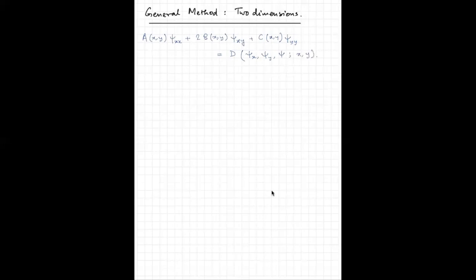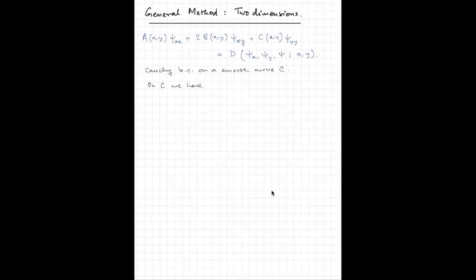Now suppose we are given Cauchy boundary conditions on a smooth curve C. So on C, we have the following.